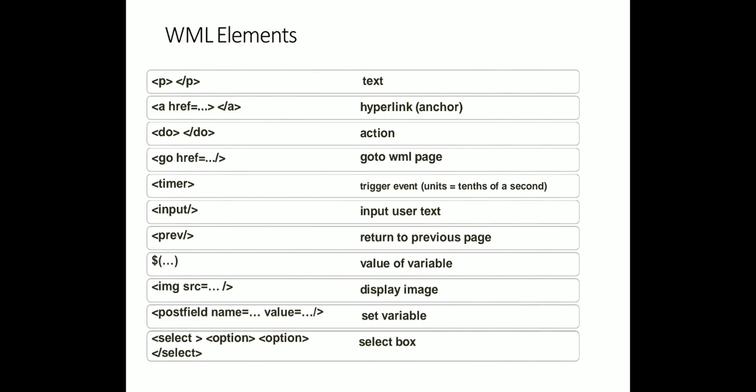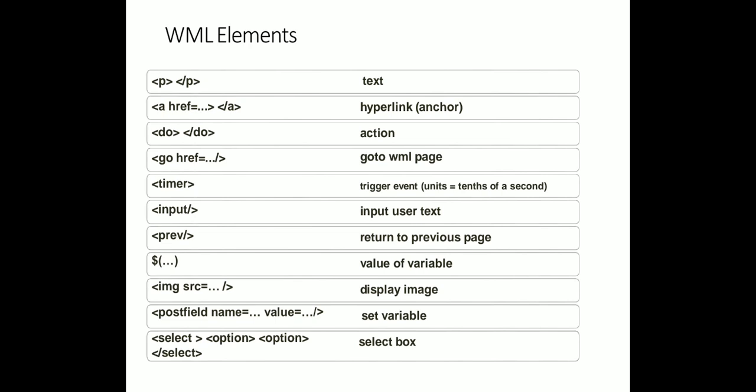Then a href for a hyperlink, or anchor tag as we call it. Then do, that is used for an action. Go href is used to go to a WML page. If you want to go to a WML page, use the go tag with href, and the href will be your link. Then the timer tag, used for triggering an event.